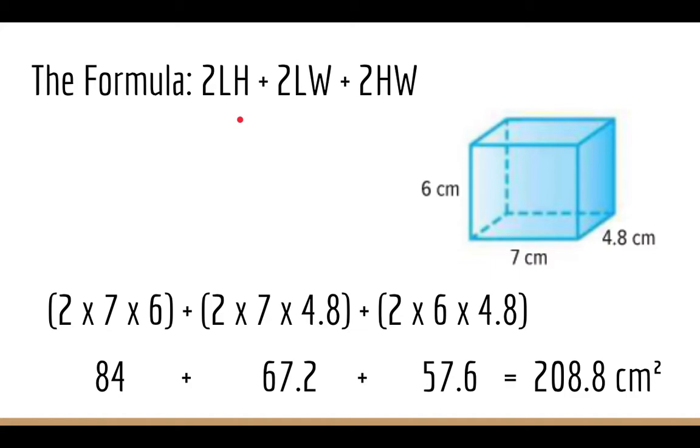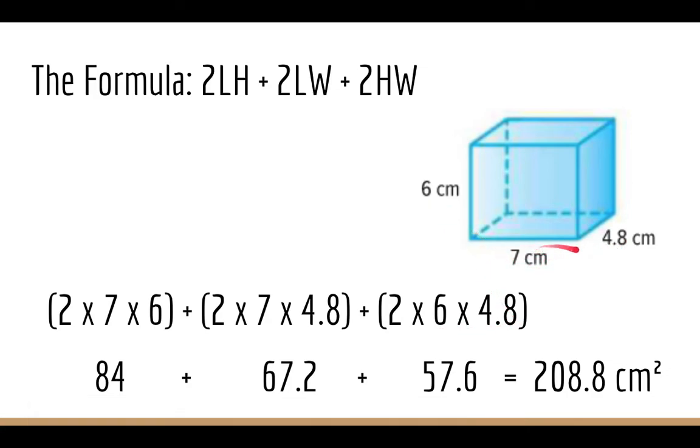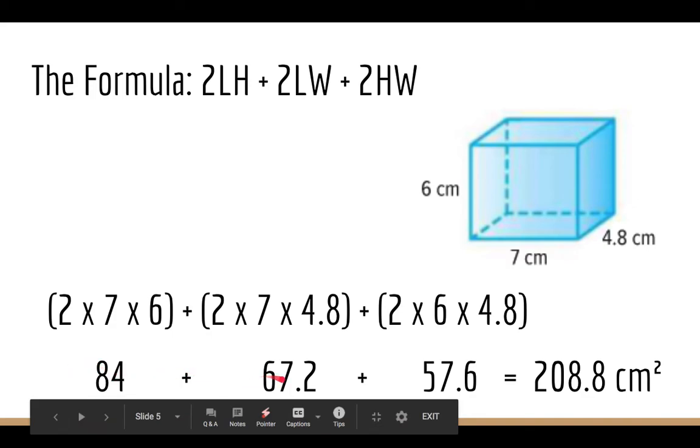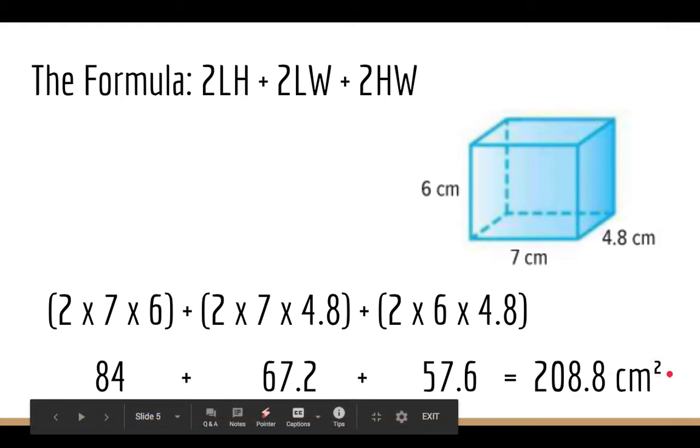If we were just to plug these numbers in, 7 times 6, 7 times 4.8, and 6 times 4.8, that means that you've now multiplied all of these at least one time by each other, and then each time you double it. That would give you the 84 plus 67.2 plus 57.6 for 208 8/10 centimeters. Because this is area, your labeling would be squared.